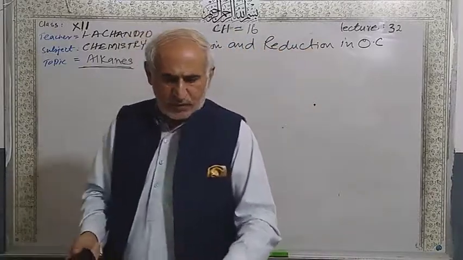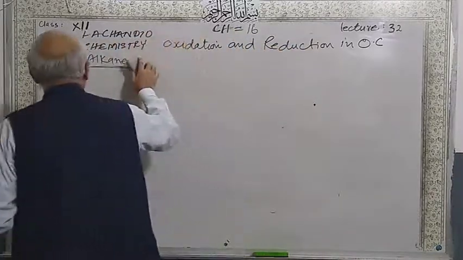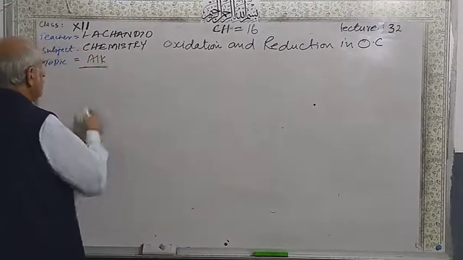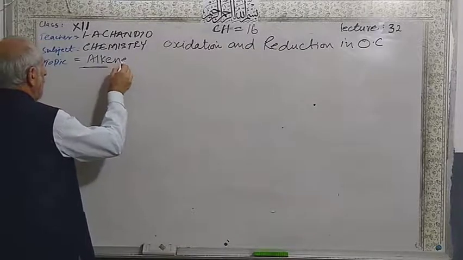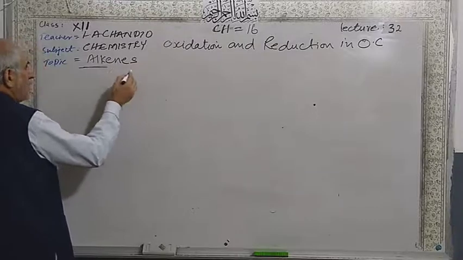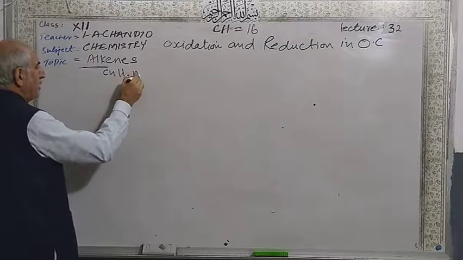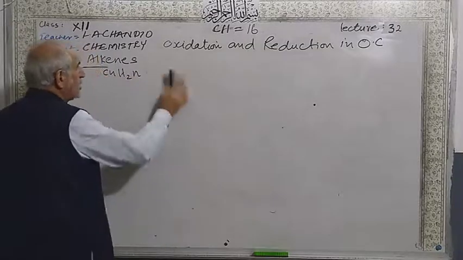So dear students, we have completed the alkanes. Now alkenes. CnH2n is the general formula for the alkenes.